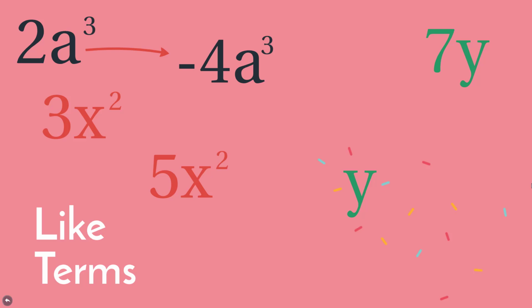Can you find other pairs of like terms here? Yep, 3x squared with 5x squared are like terms. y and 7y are also a pair of like terms. Note that even though they have the same letter as the variable, if they don't have the same power, then we cannot say that they are like terms.